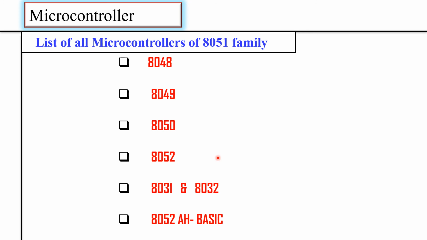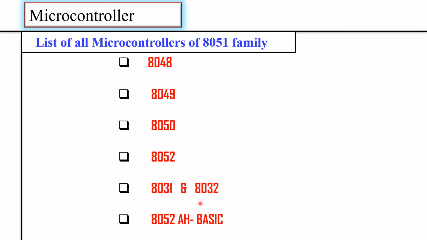8031 and 8032 are the alternate versions of 8051 and 8052. Another form of 8052 is 8052AH Basic. This special 8052 has the BASIC programming language in ROM.